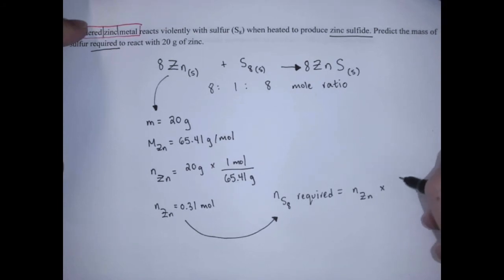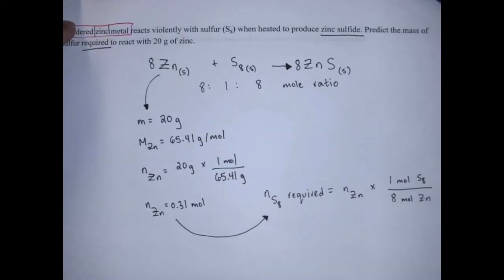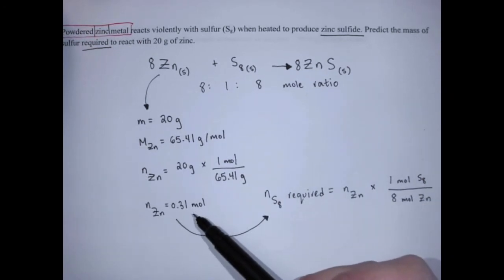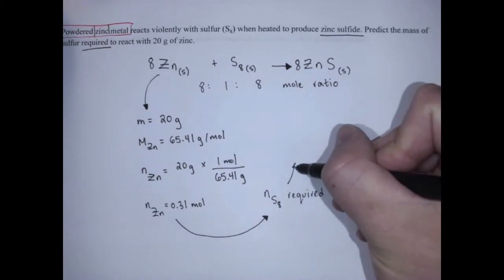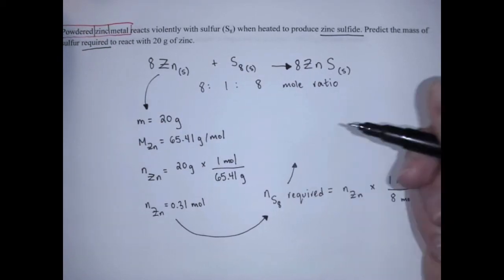And the mole ratio is 1 mole of sulfur per 8 moles of zinc. So in effect, what we're doing is dividing however many moles of zinc by 8. And maybe pause the video here just to see why that makes sense.